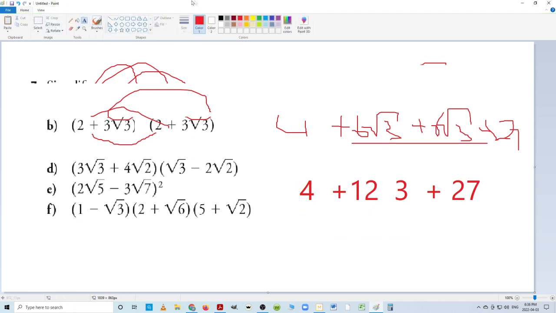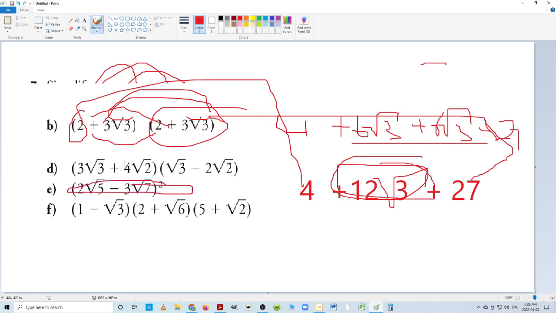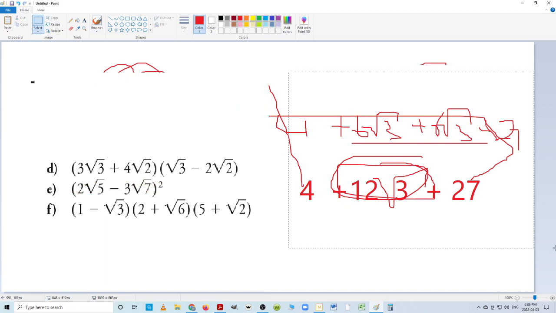Now I want you to notice that this follows the same binomial expansion as all of them. It's the square of term a plus the square of term b plus 2ab. So you can do this one like that as well. So it's still binomial expansion when something's squared.